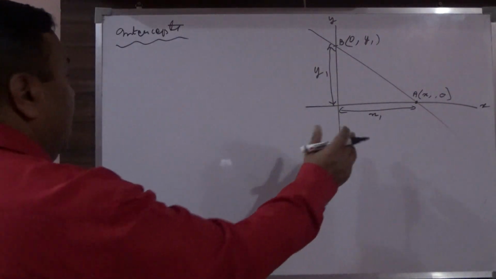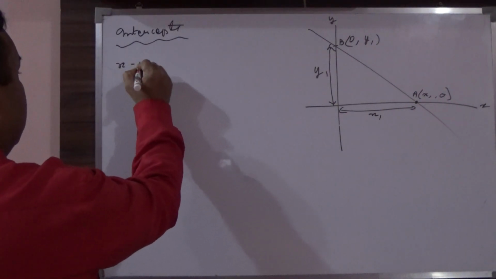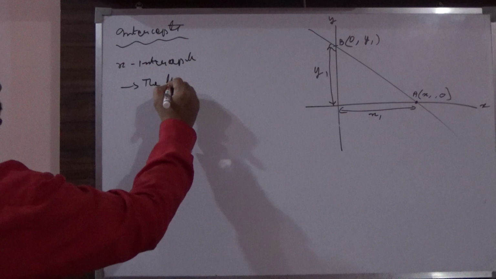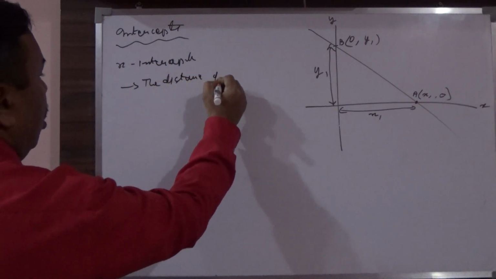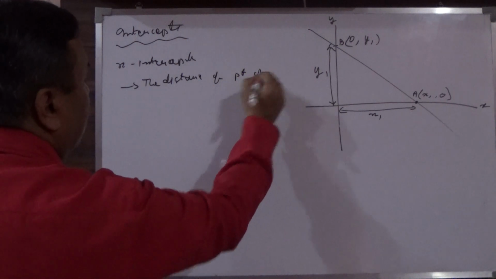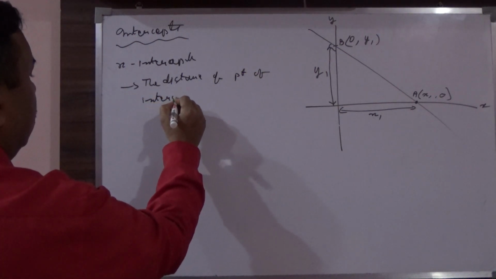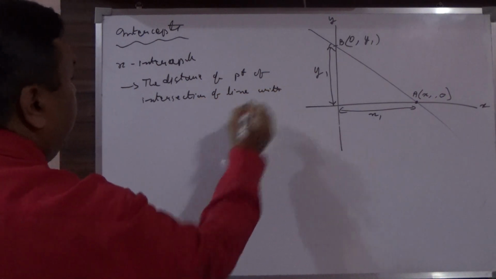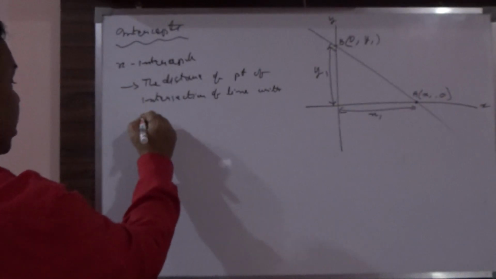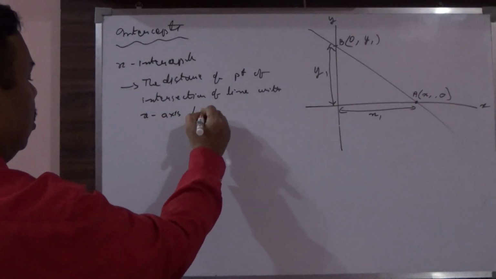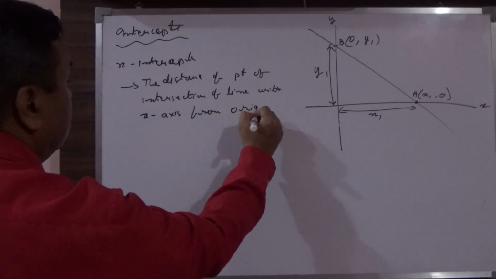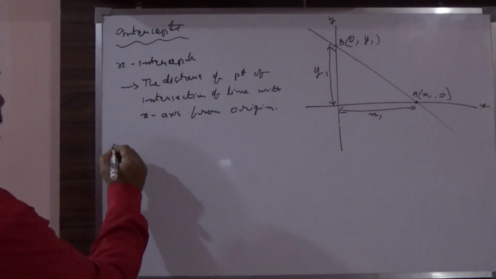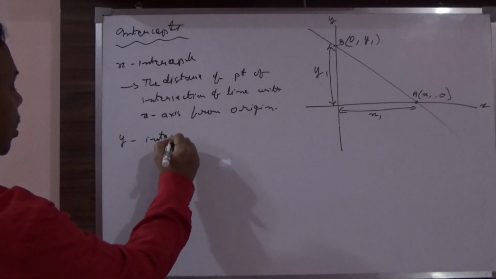So what is the x-intercept? It is the distance of the point of intersection of the line with the x-axis from the origin. Similarly, what will be the y-intercept?